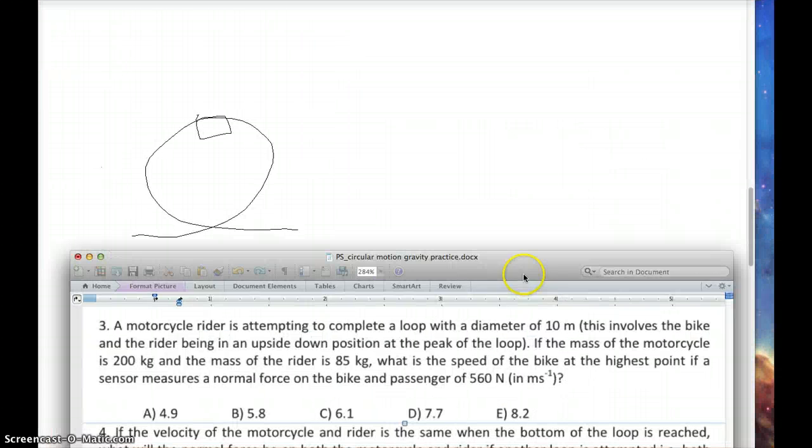So to help me understand this problem, I'm going to draw a picture. There's this loop, and the motorcycle rider I'm just going to draw as a box. Ultimately, we want to know the speed of the bike at the highest point, so at this point.